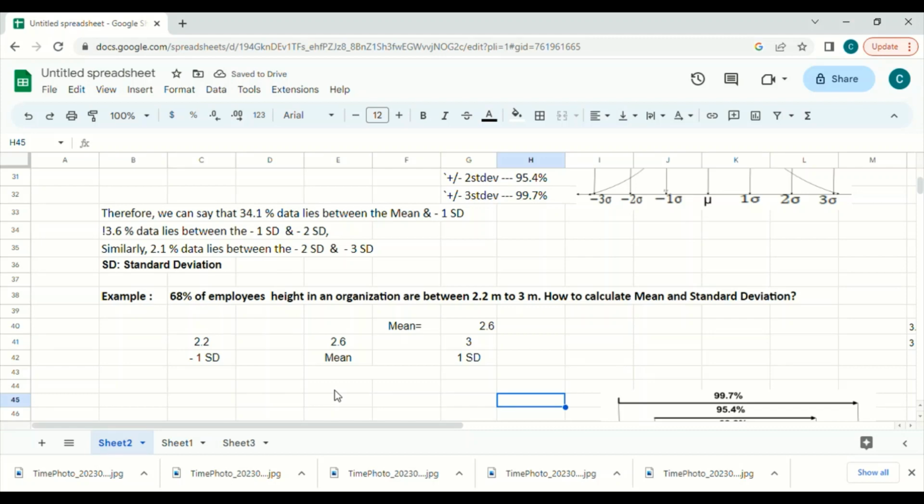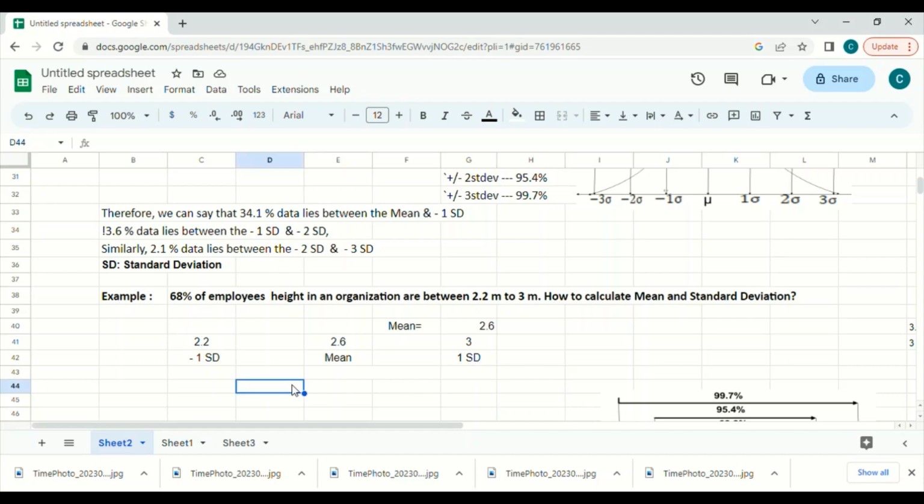Now we can clearly see that the range of height is equal to -1 standard deviation to +1 standard deviation.